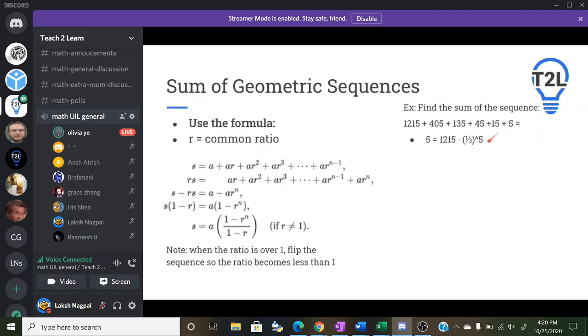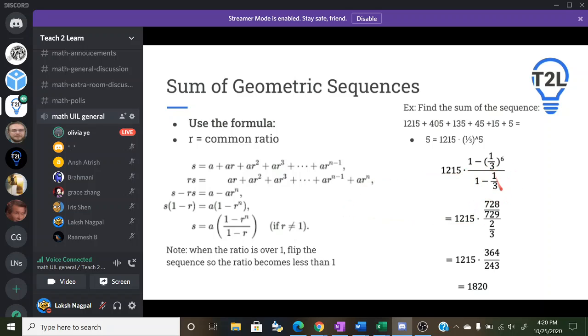If you apply the formula, you take the first term, which is a, and multiply it by 1 minus the common ratio to the power of the number of terms. The common ratio is 1/3, and we have 1, 2, 3, 4, 5, 6 terms. So it's a times 1 minus 1/3 to the 6th, divided by 1 minus 1/3.